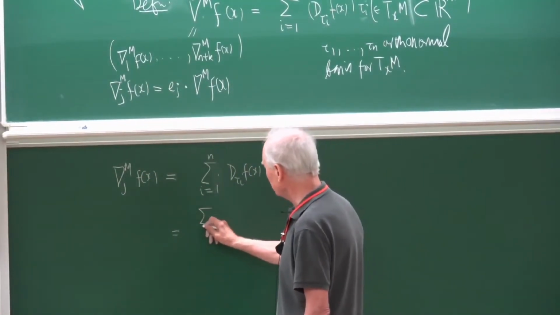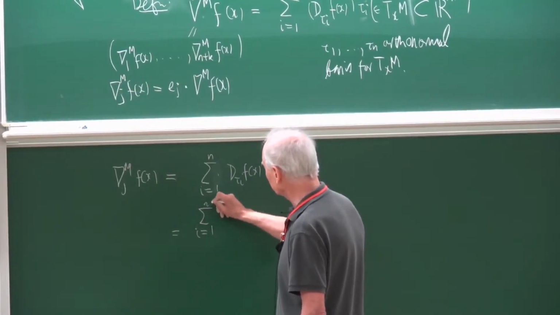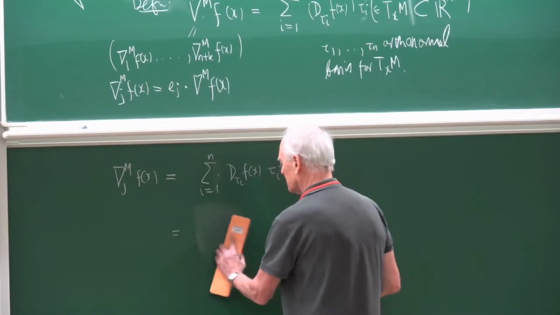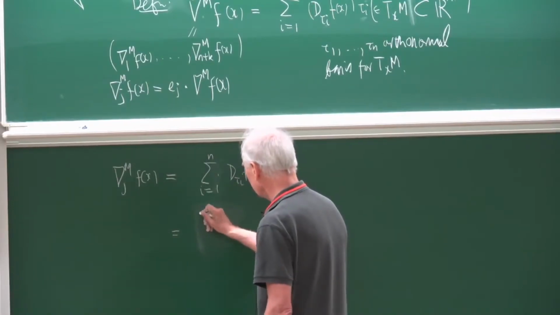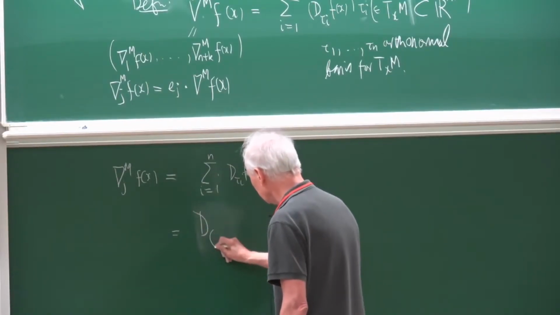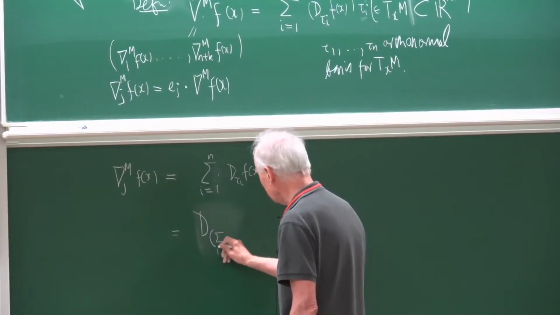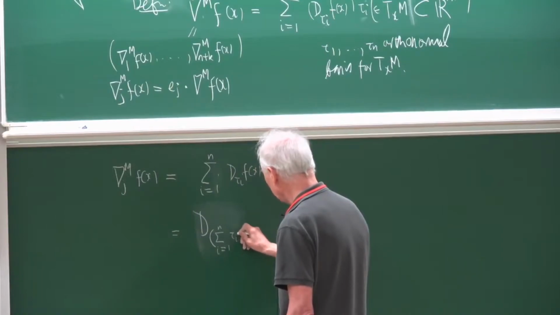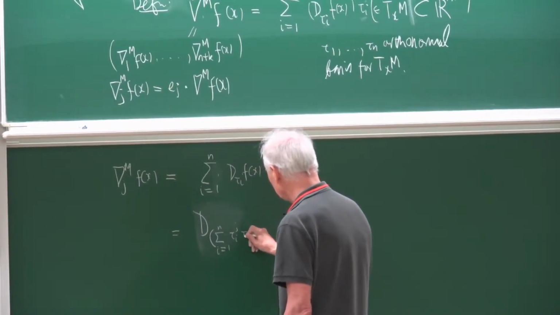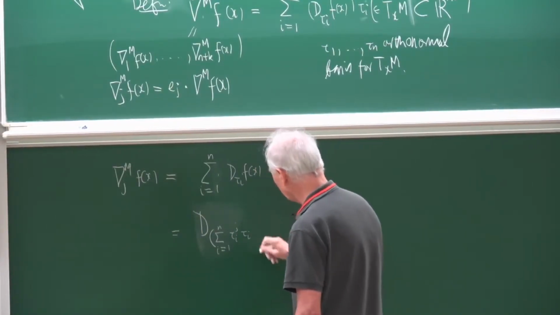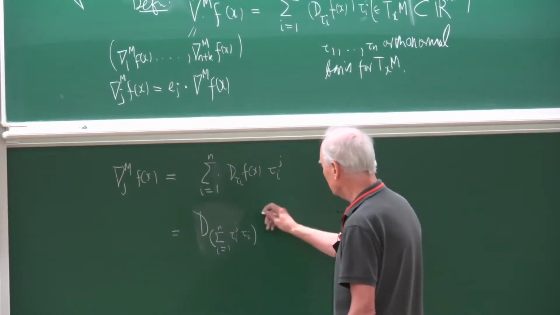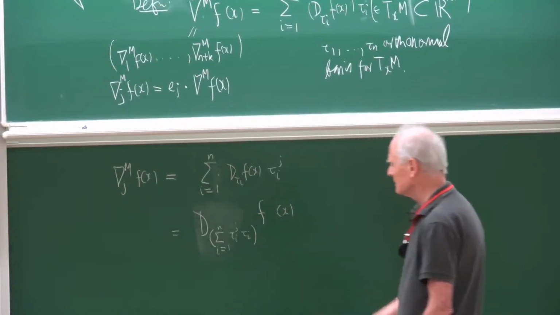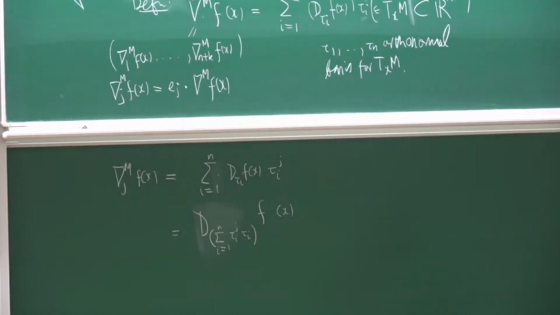I can put the sum down here. So this is the directional derivative in the direction of the sum, i equals 1 up to n, of τ_ij times, that's a scalar, τ_i, that's a vector, applied to f evaluated at x. So I can write it that way.